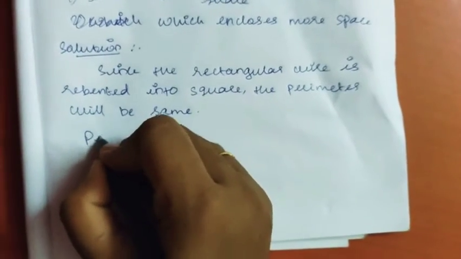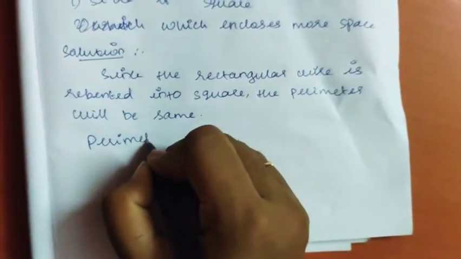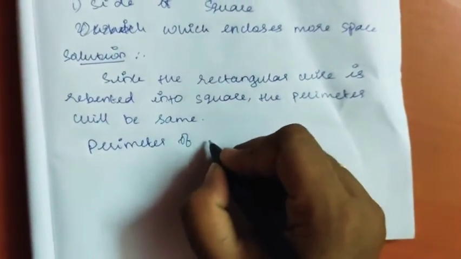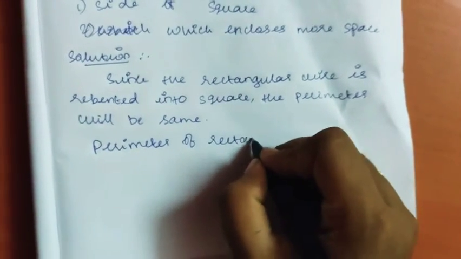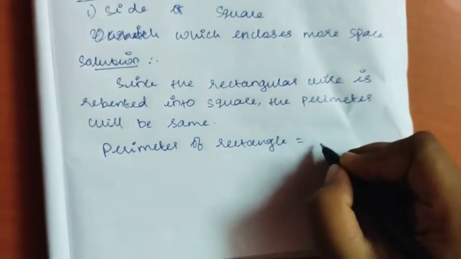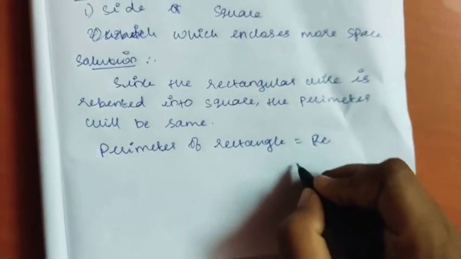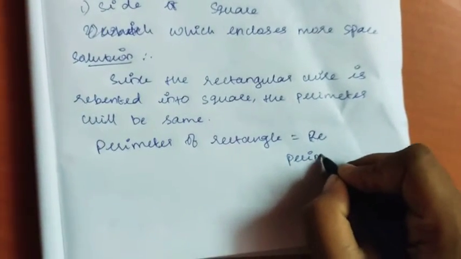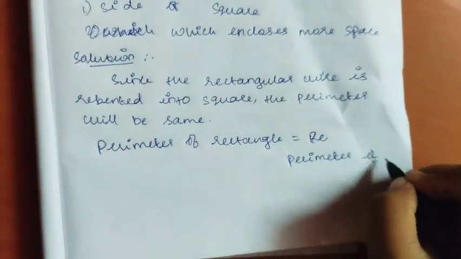So perimeter of rectangle will be equal to perimeter of square.